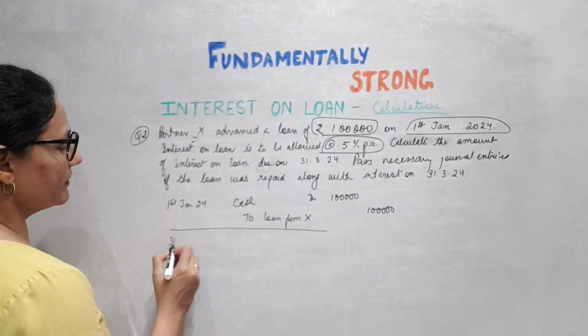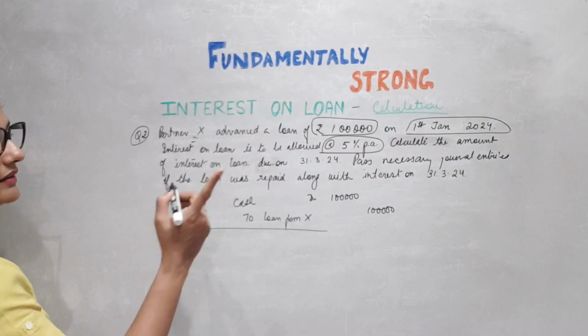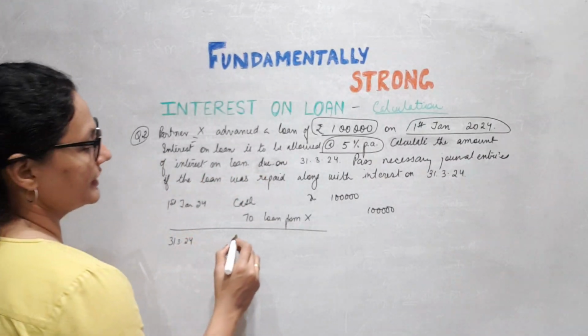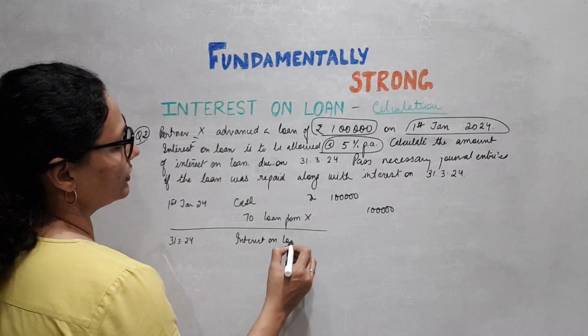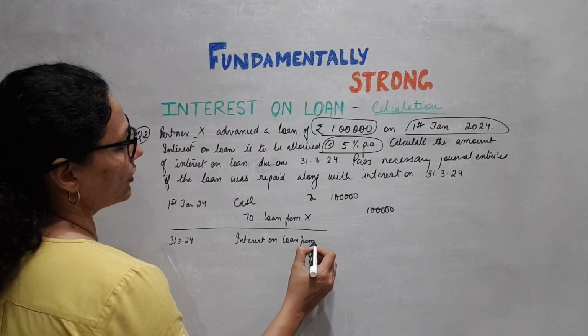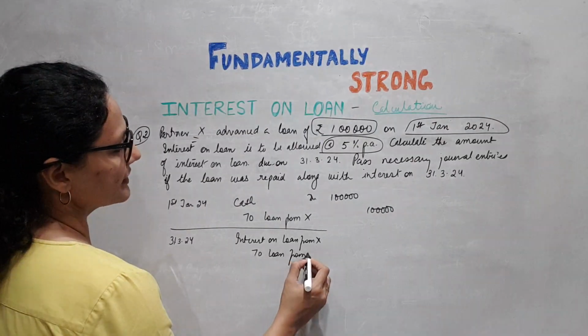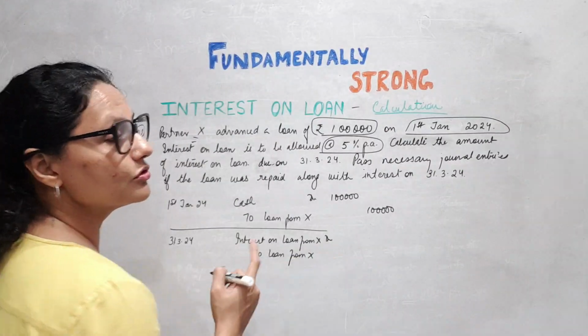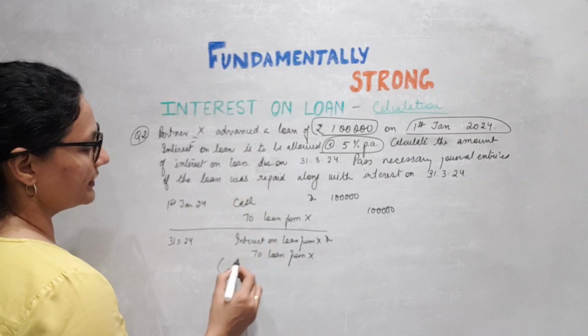Then the next entry will be on 31st March 2024 when the interest is to be due. Interest is an expense here for me. So interest on loan from X to loan from X, I need to credit this amount to the partner's loan account. And how do I calculate that?